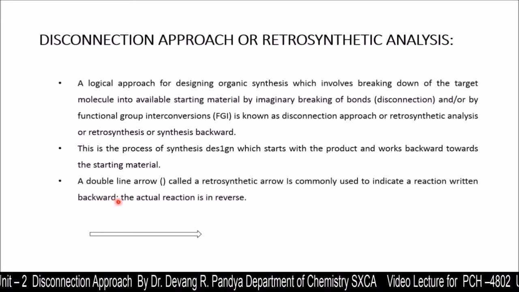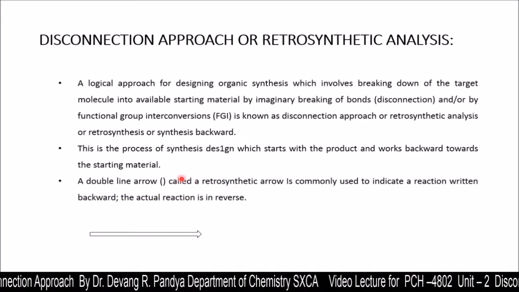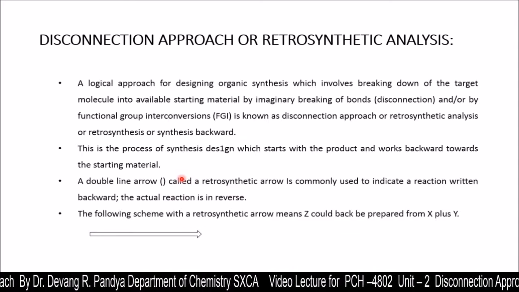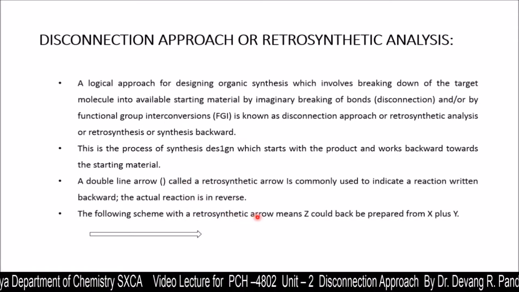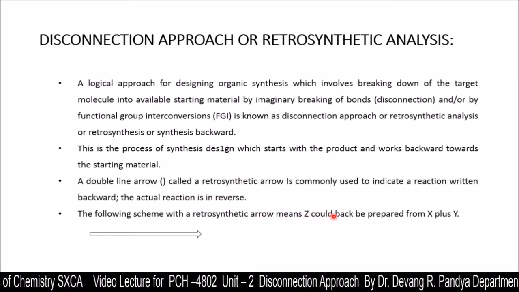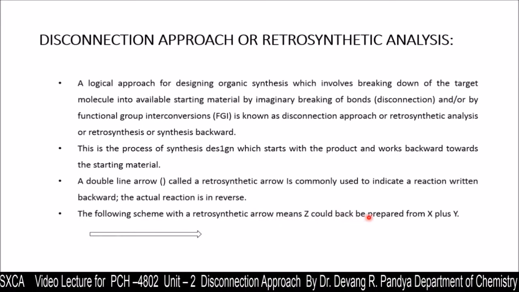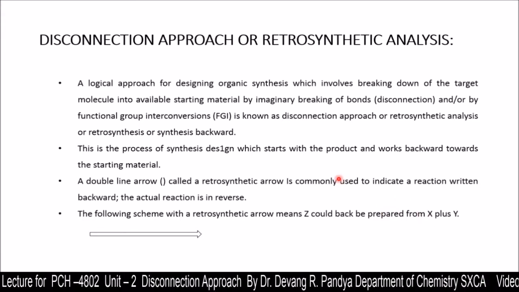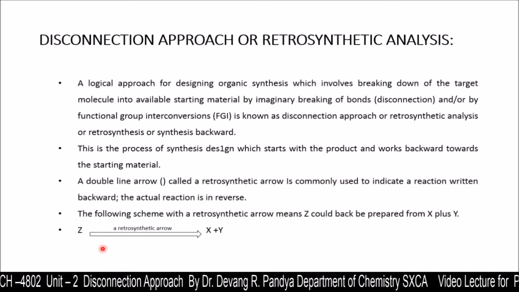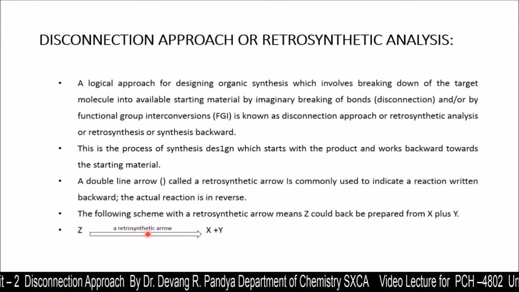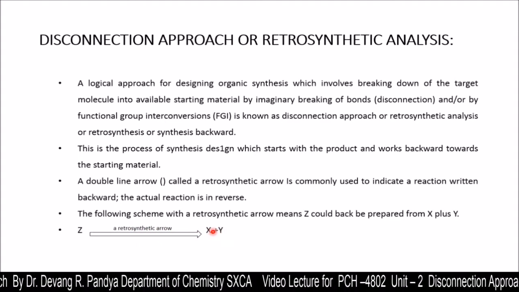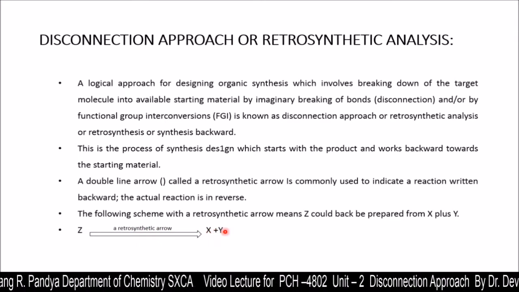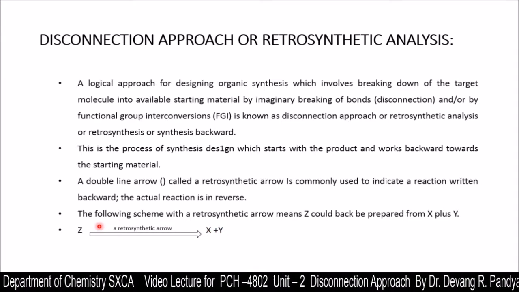That is a backward reaction. The actual reaction is the inverse. In this scheme, a retrosynthetic arrow means Z could be prepared from X plus Y. Here Z is the target molecule, and the retrosynthetic arrow converts it into possible fragments, that is X and Y. So we can use X and Y to prepare Z.